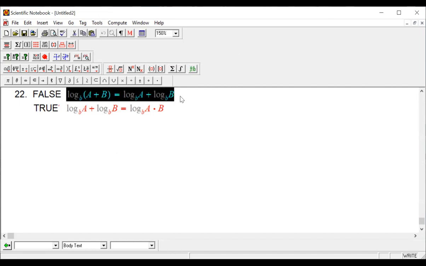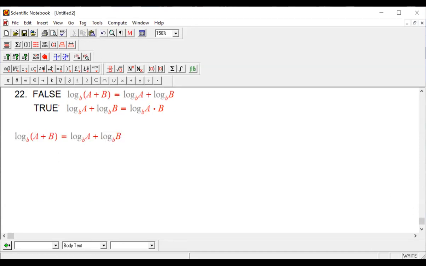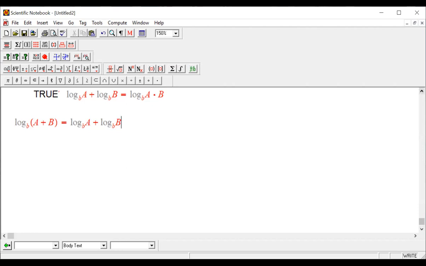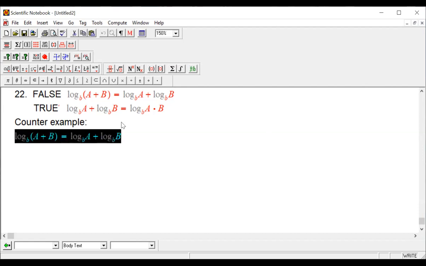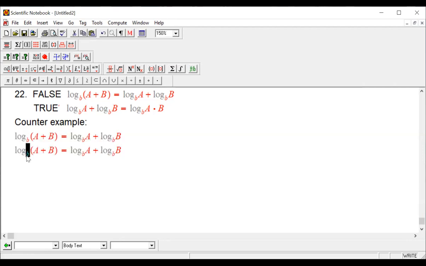But do we have a counterexample for them? Easy, right? We have talked about counterexamples. There are so many counterexamples you could have. For example, I can work with base 2. If I can make a counterexample for base 2, that will be good, right?